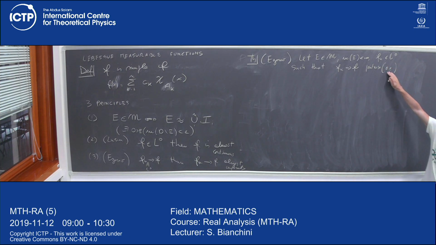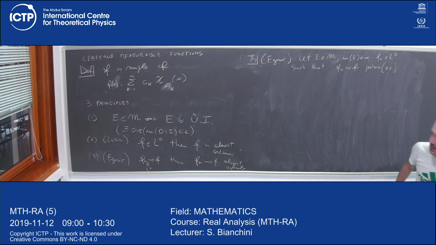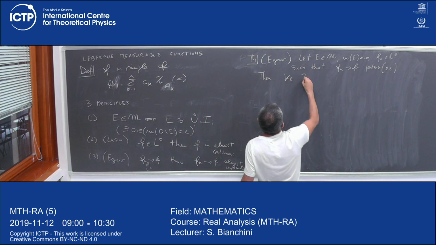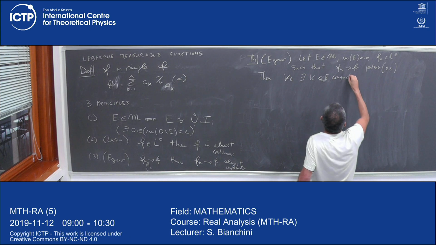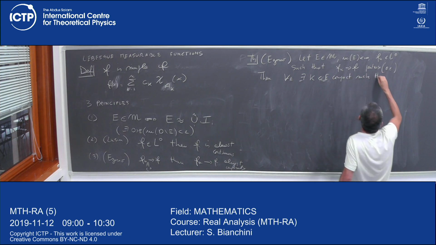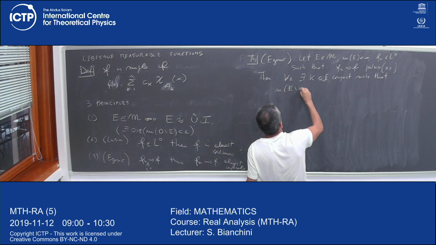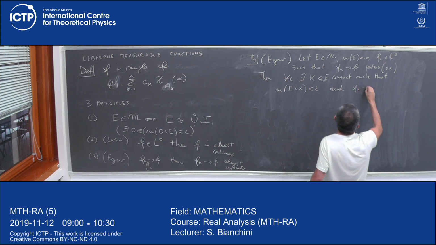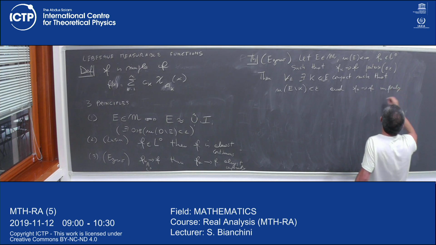So remove this set from E, and then here it is still pointwise. Then for all epsilon there exists a compact set K such that the measure of E minus K is less than epsilon and Fn converges to F uniformly in K.